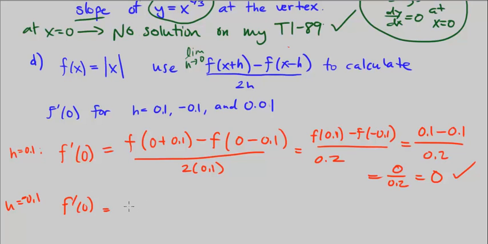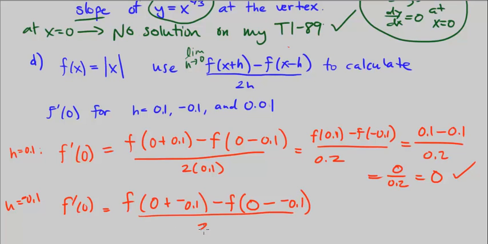Negative 0.1. Let's go ahead and plug that in. That's f(0 + (-0.1)) minus f(x minus h), 0 minus negative 0.1, over 2 times negative 0.1.